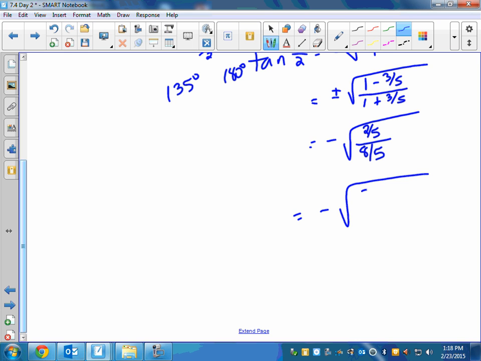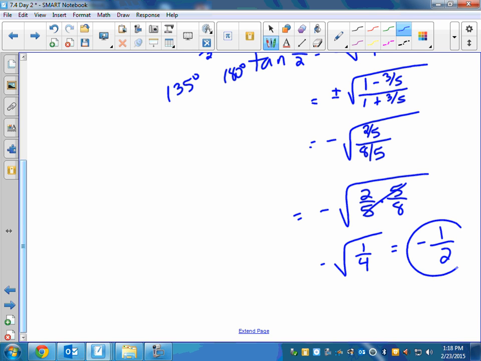I would get 2/5 times 5/8. Or that would be the same as saying 1/4. And what is the square root of 1/4? And it's going to be negative 1/2 because we decided we're in quadrant 2.